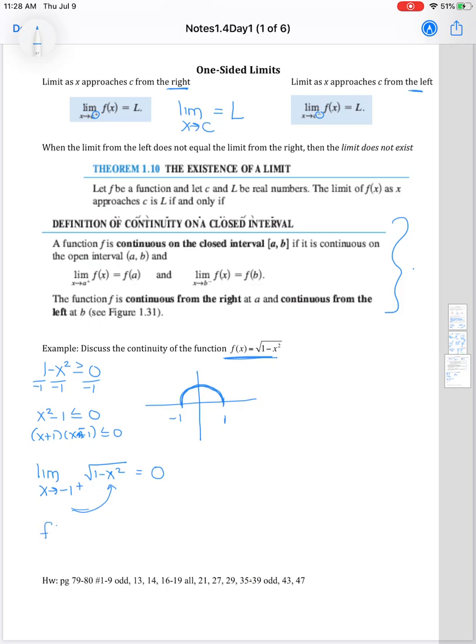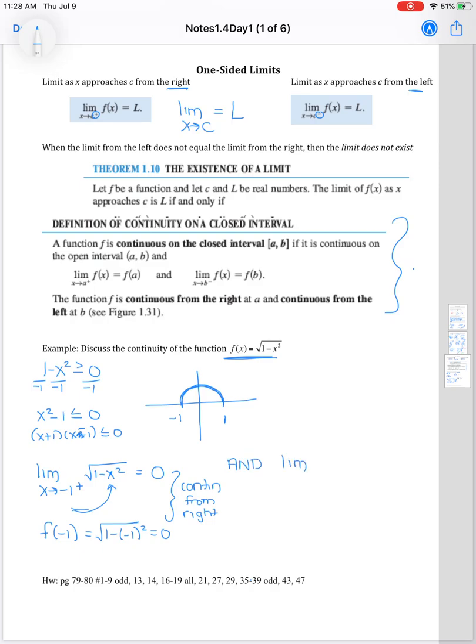If we check that with f of -1, well, here's my function from the beginning. If I sub in the -1 to that function, I get 0. So those two equal each other. So therefore, we're continuous from the right. Again, we're coming from the right side, so you're approaching -1. It's sort of the opposite of what you think.